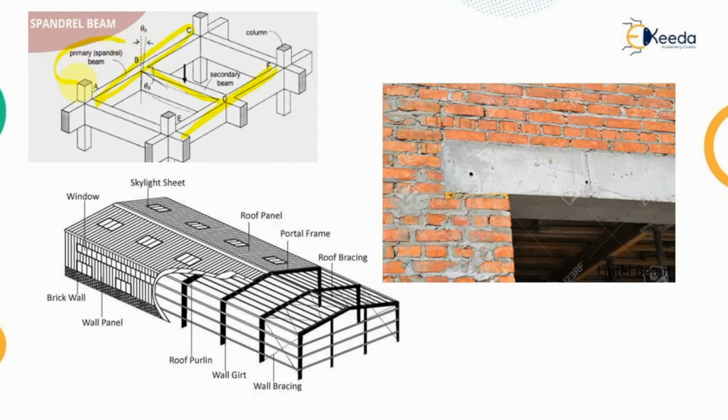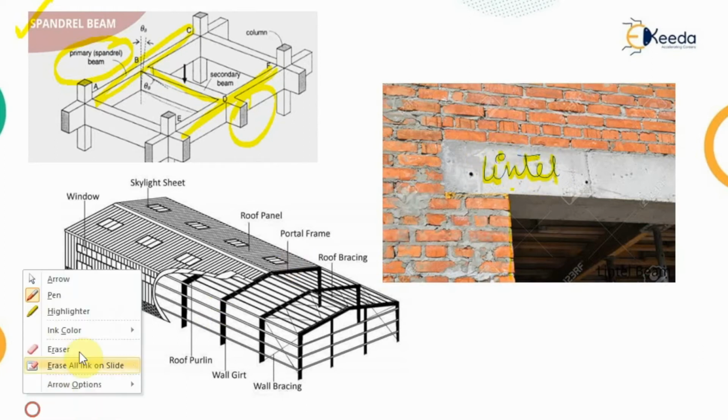So these primary beams provided on the periphery are known as the spandrel beams. While this type of beam which is provided here over the opening, which is an opening either for a door or for a window, the beam provided over the opening is known as the lintel. So this is the lintel opening and the beam is known as the lintel.